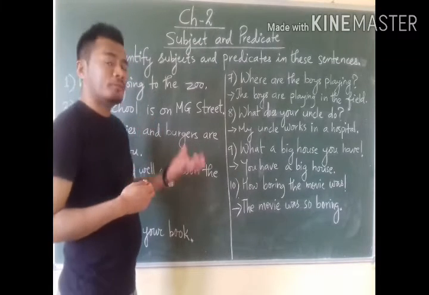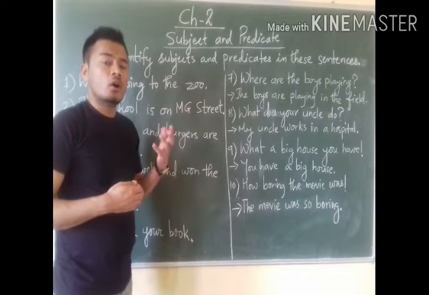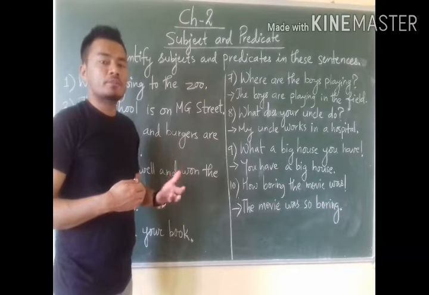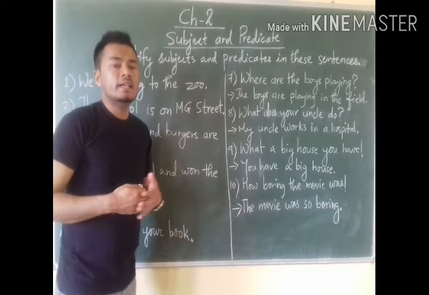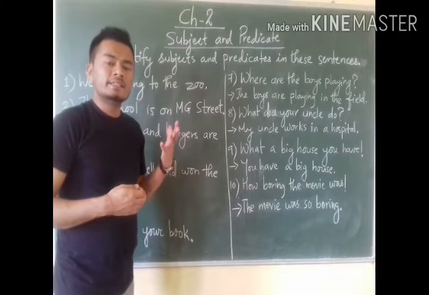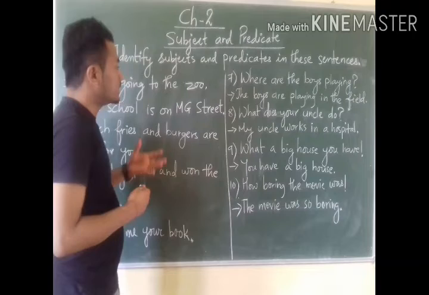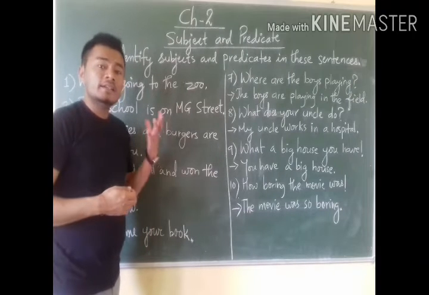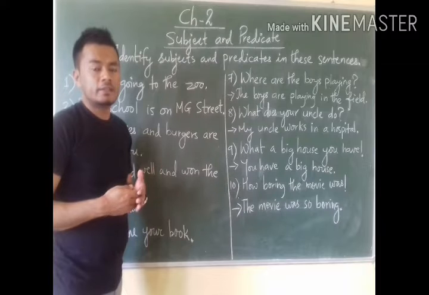In our previous video, I mostly explained how to identify subjects and predicates in assertive sentences, because it is very easy. We all know that verbs are the main part of the predicate.